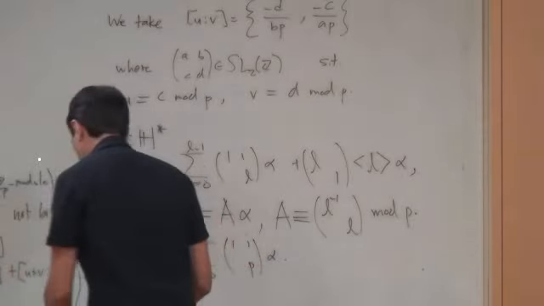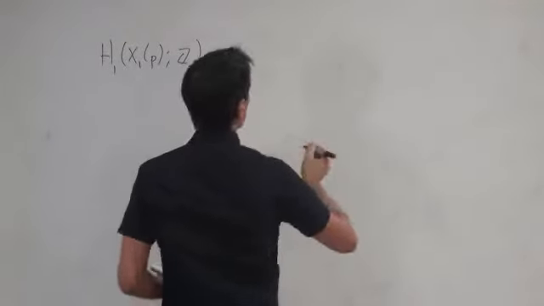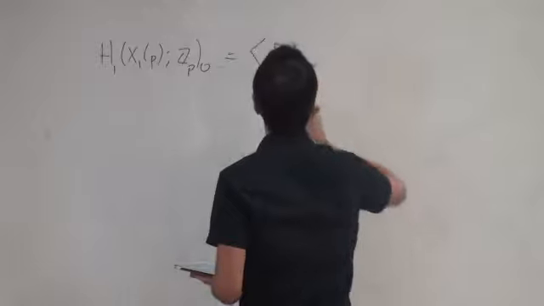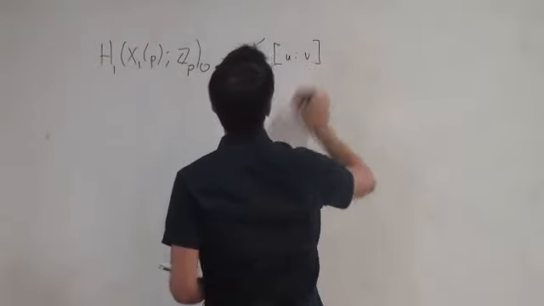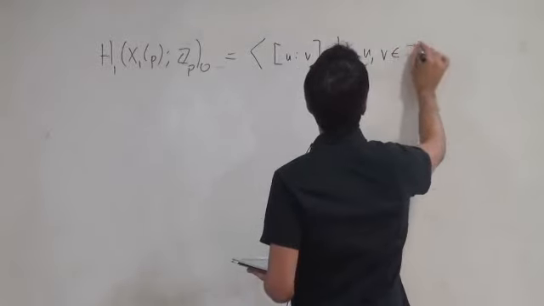But I will describe maybe the action of one Hecke operator on the Manin symbols. So first, what I want to do is not deal with the whole space anymore. Let's deal with the following subspace: X_1(p) Z_p sub 0, which I'll define to be the Z_p submodule generated by the [u:v] where both u and v are non-zero.